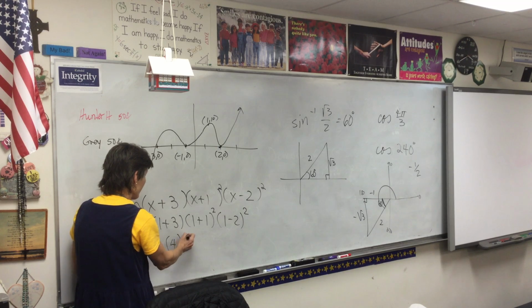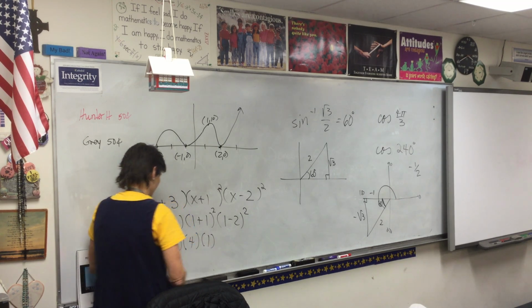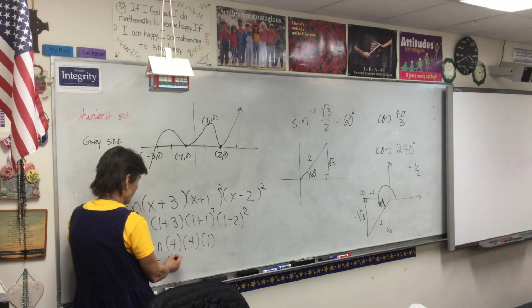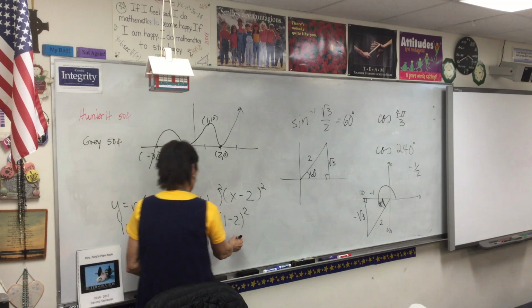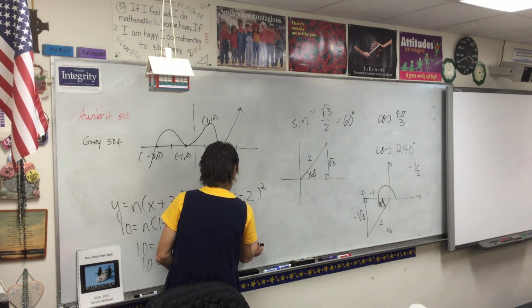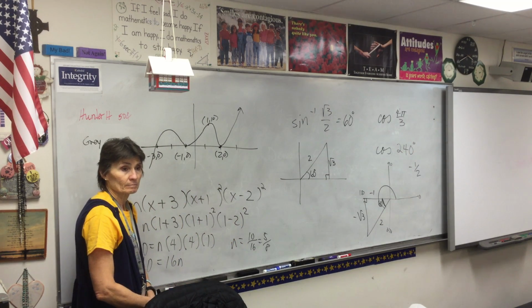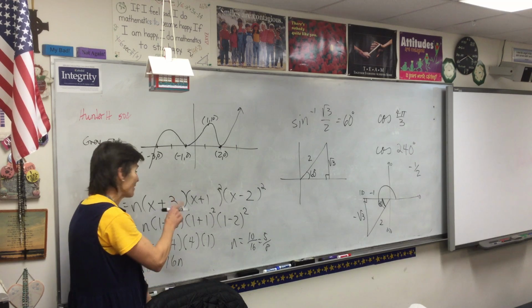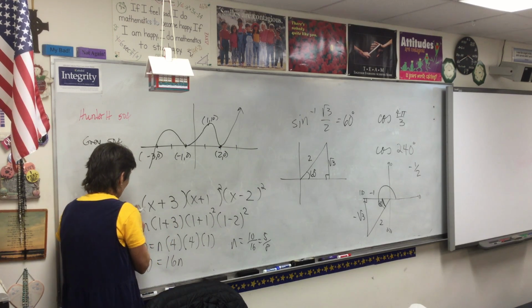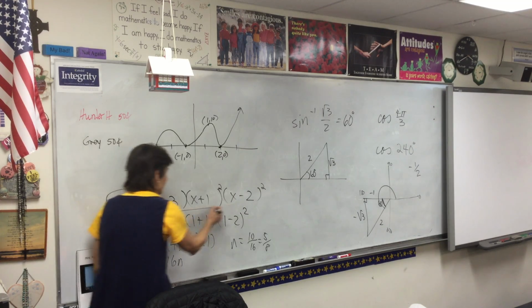So we have 4, 4, and 1. So 10 equals 16n, and n equals 5/8. And remember what I always warned you about? 5/8 is not the answer. The equation is the answer.